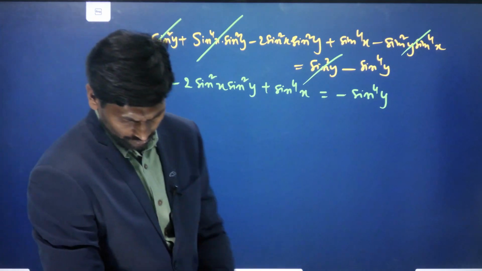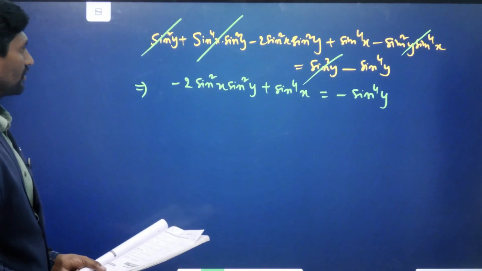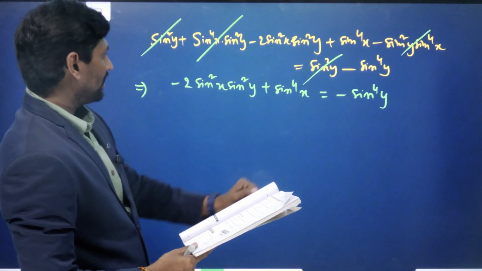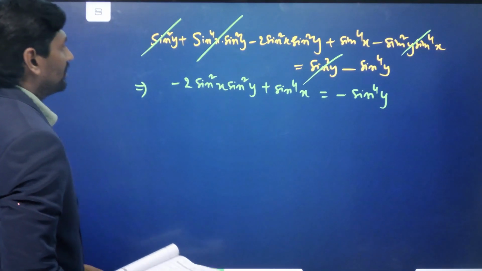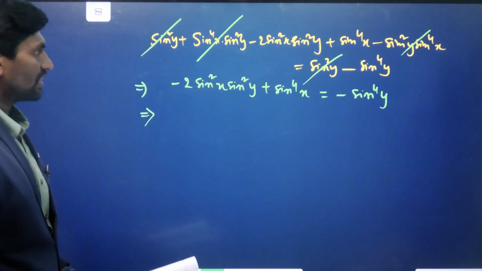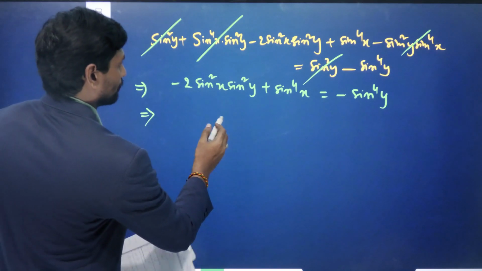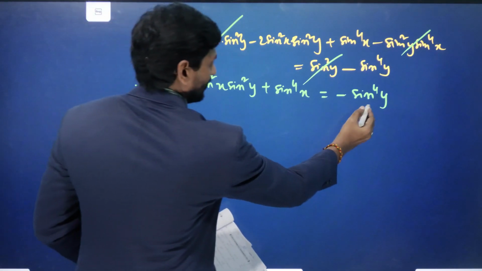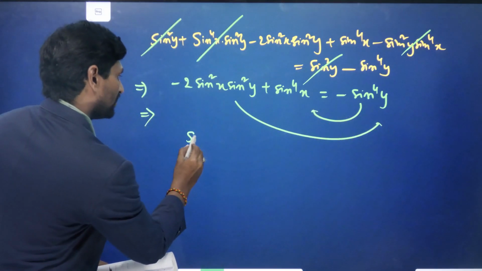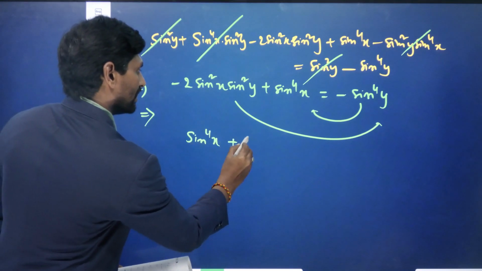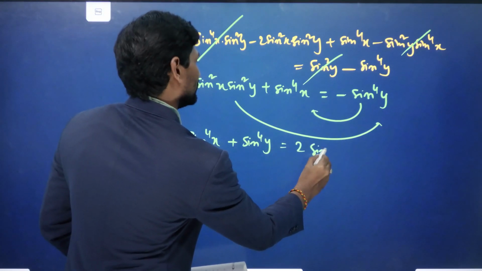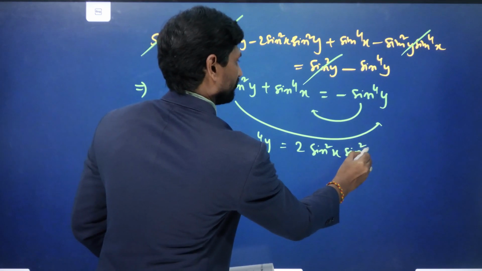So what we have to find? We should find cos power 4y by cos square x plus sin power 4y by sin square x. So try to take all the terms towards the right hand side. This minus term bring this side and this minus term to the RHS. Then it will be sin power 4x plus sin power 4y is equals to 2 into sin square x sin square y.